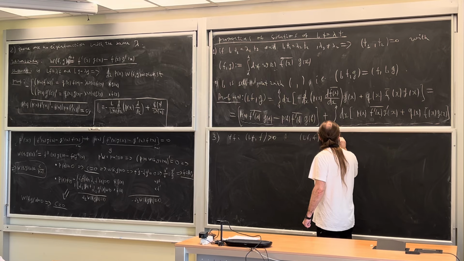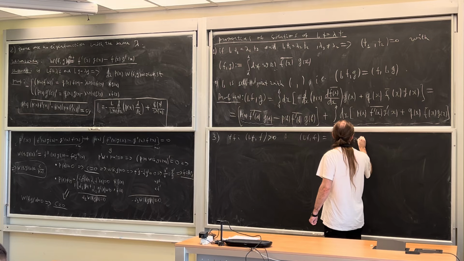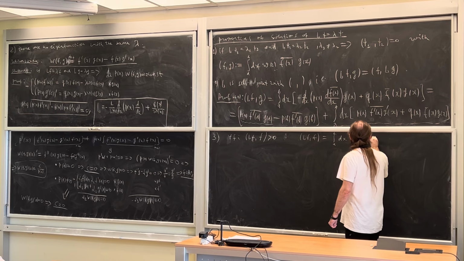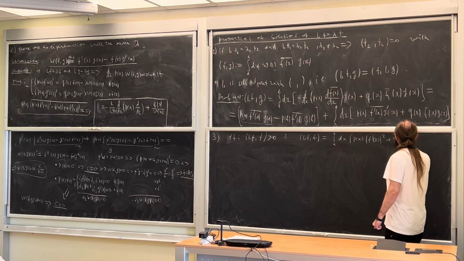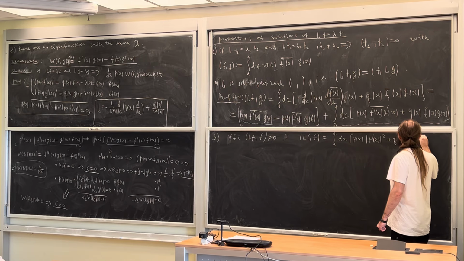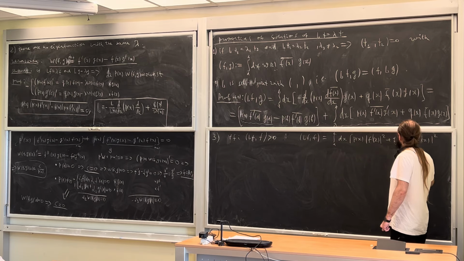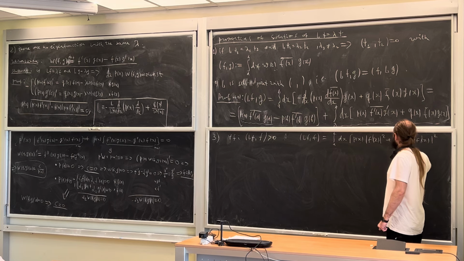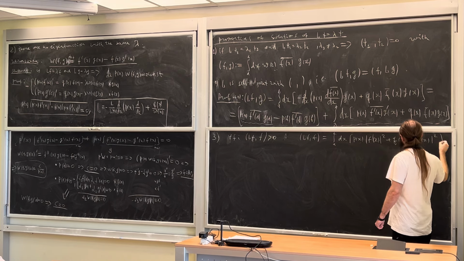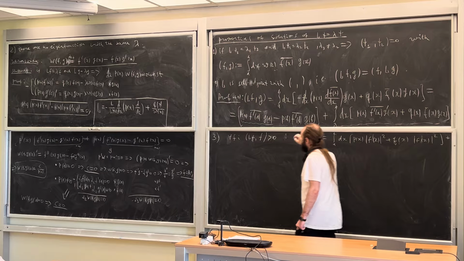It will be the integral from a to b dx of p of x times the absolute value of f prime of x squared plus q of x times the absolute value of f of x squared. So these are positive or at least non-negative. And we need to look at the boundary term again.